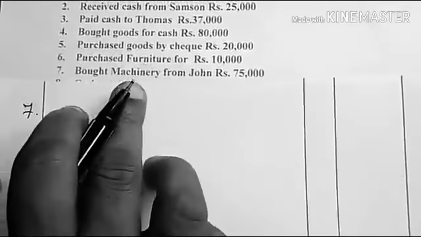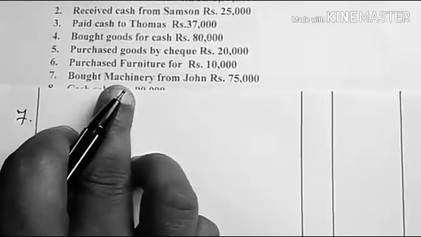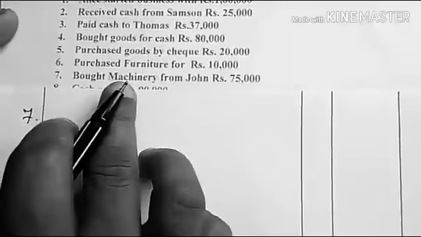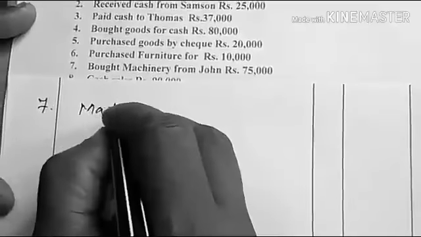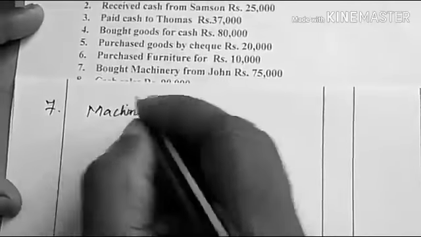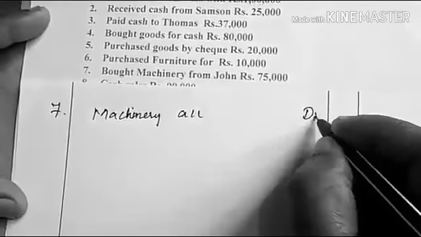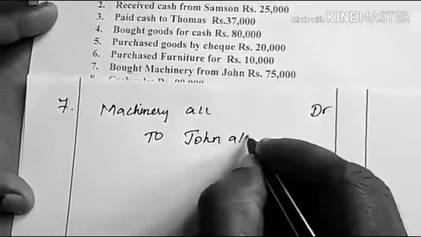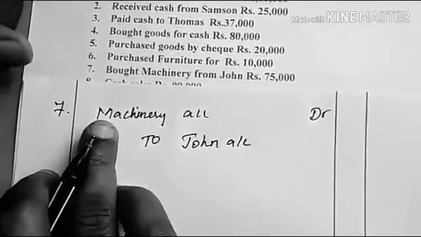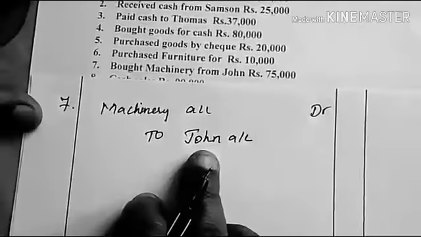So what is the entry for this transaction? Machinery account debit to John account, because when you purchase machinery, machinery comes in. See, machinery is a real account. John is a personal account.